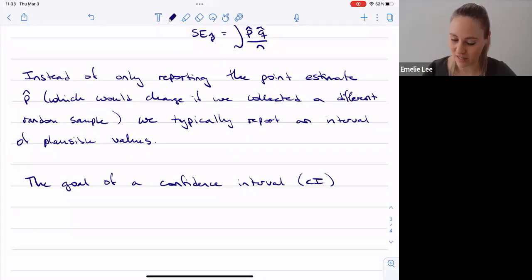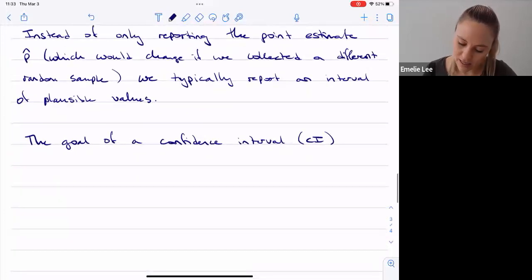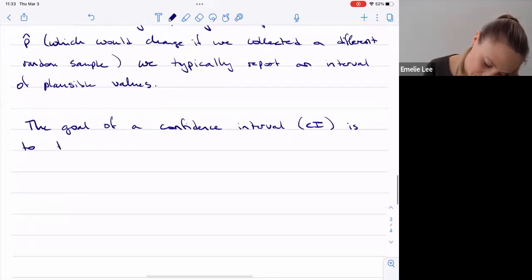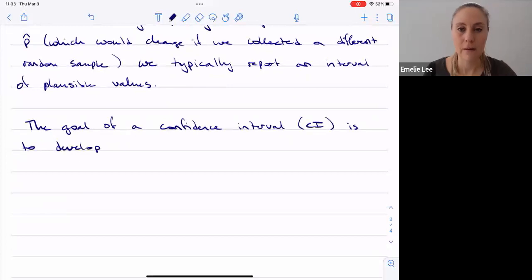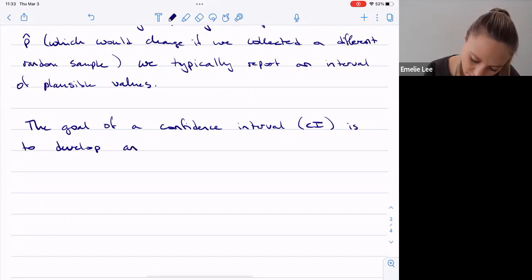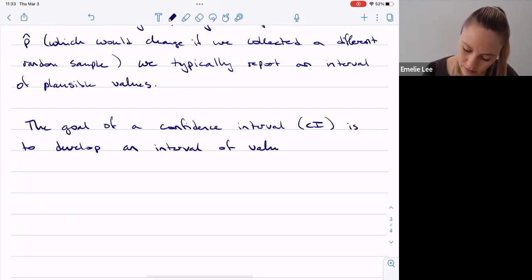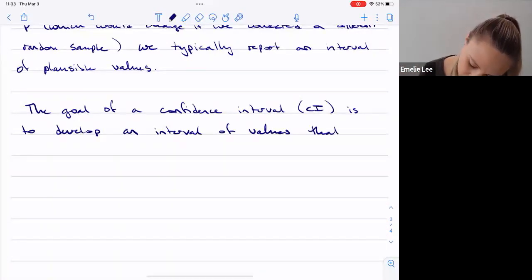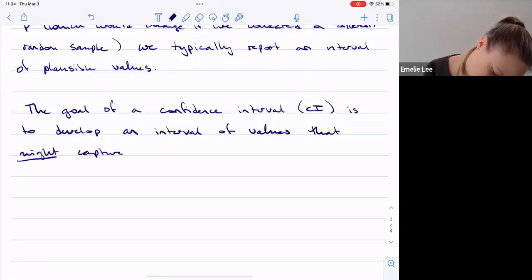So the goal of a confidence interval is to develop an interval of values that might capture the population proportion.